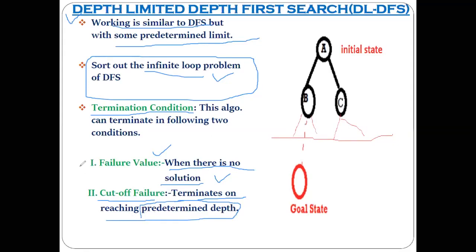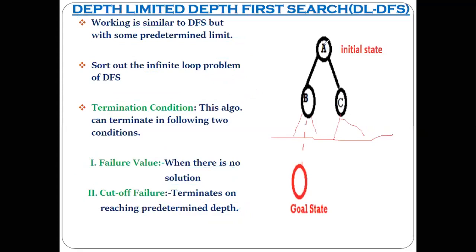If any of these conditions occurs, the searching technique terminates. Do you understand the basic characteristic compared with the DFS? Yes, sir. The only difference is the restriction on how deep the AI agent can search.